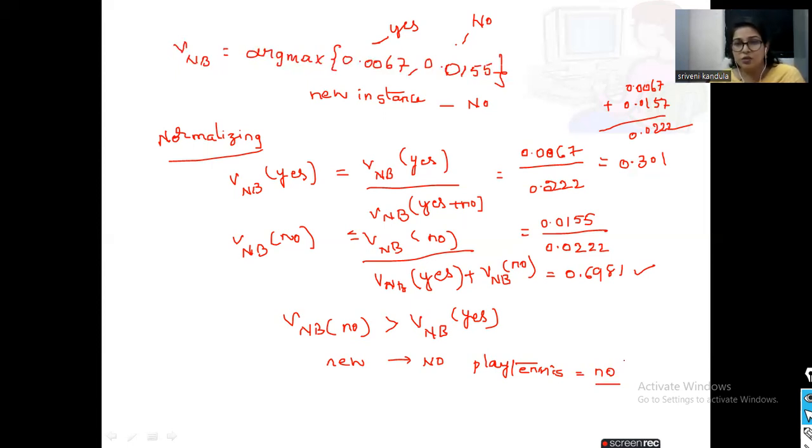And one thing you can verify: without normalizing also I got the same conclusion. We got a higher value for the no case, and after normalizing also we got the same. So you can cross-verify that you are doing it the right way.